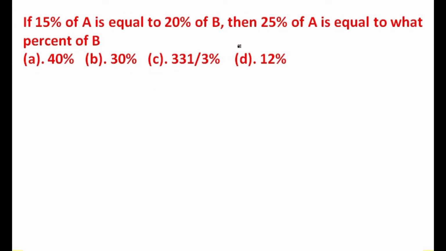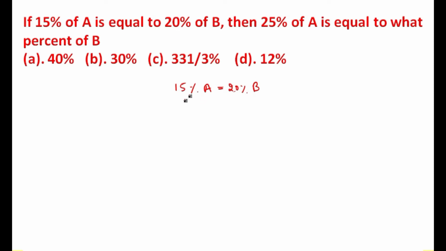If 15% of A is equal to 20% of B, then 25% of A is equal to what percent of B? Okay, good. Look guys, 15% of A is equal to 20% of B. We know that percentage will get cut.